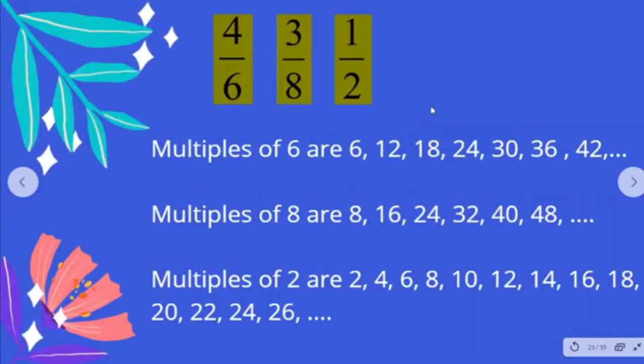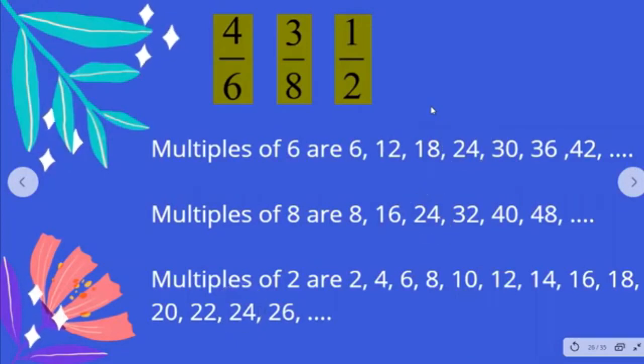So the least common multiple of 6, 8, and 2 is 24. 6, 8, and 2 will be changed to 24. Now what we need to do is convert each fraction into a fraction that has a denominator of 24.